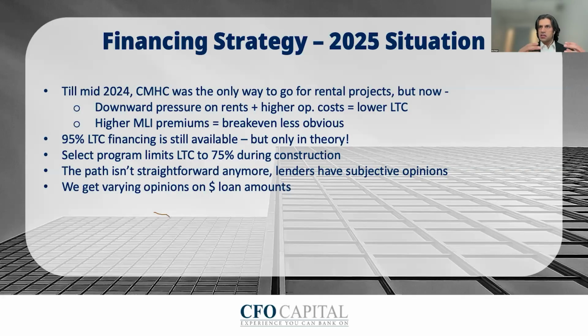The Select program is limiting you to 75% during construction. That 85-90% number is becoming a little bit harder to achieve. So all in all, it's not a straightforward path to go straight to CMHC head on, get the COI, get into construction, because the lenders out there have varying opinions. When we go and tender out the debt, we are getting a 20% difference in loan amount, in pricing, and just the way the lenders assess your file.